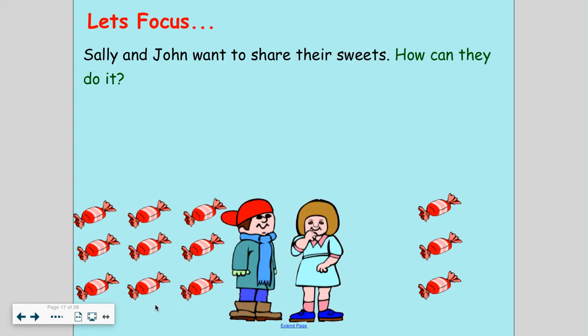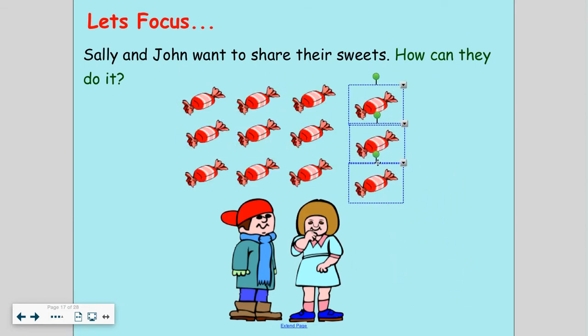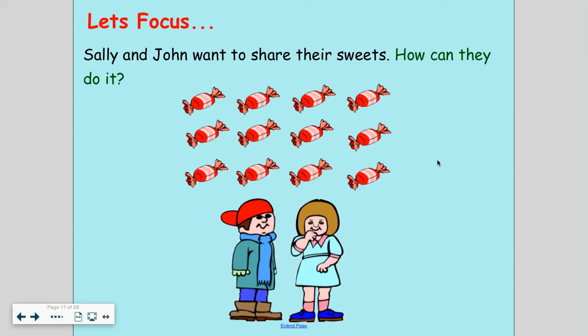He's got 9 sweets. Is this fair at the moment? No. Okay, I'll put them all back. So, I need to make sure I share the sweets equally. We would like Sally and John to have the same amount of sweets.